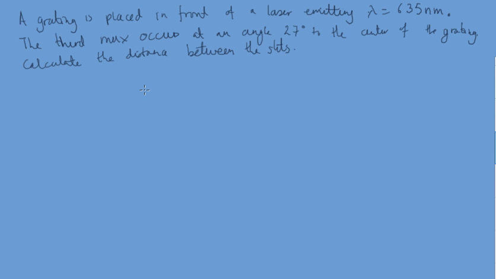So we've got our equation, d sine theta equals m lambda. d is what we want, and we've got sine of 27. We know it's the third maximum, and we know the wavelength is 635 times 10 to the minus 9.